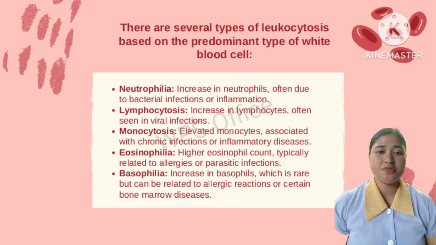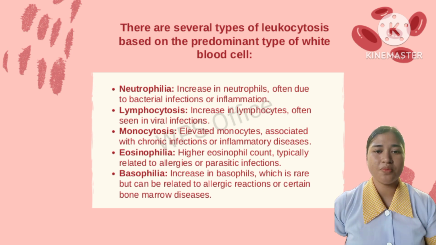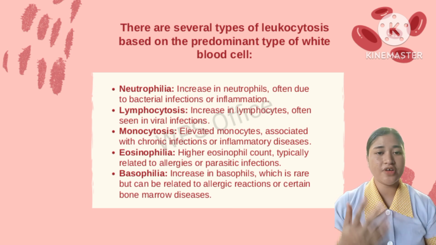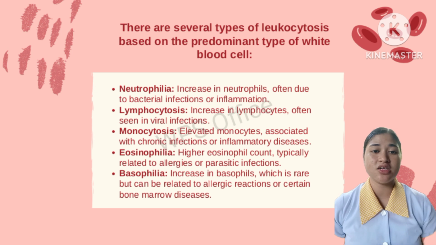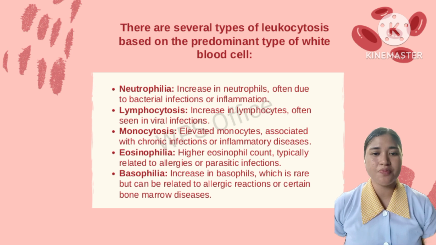There are several types of leukocytosis based on the predominant type of white blood cell. There are 5 types. The first one is neutrophilia, an increase in neutrophils often due to bacterial infections or inflammation. The second is lymphocytosis, an increase in lymphocytes often seen in viral infections. The third type is monocytosis, elevated monocytes associated with chronic infections or inflammatory diseases.